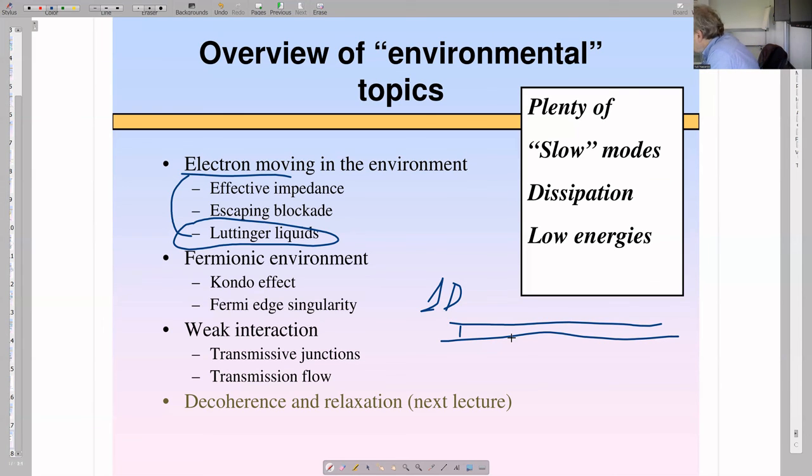There are also fermionic environments where electrons, for instance, in a quantum dot, interact with electrons in the lead.